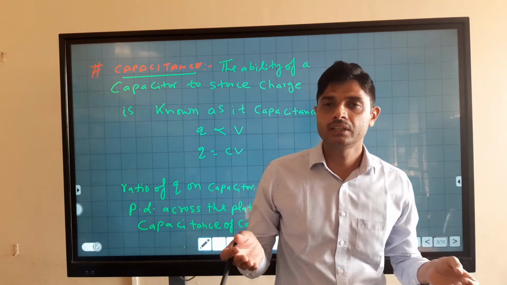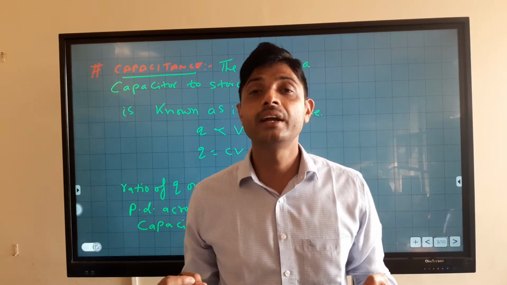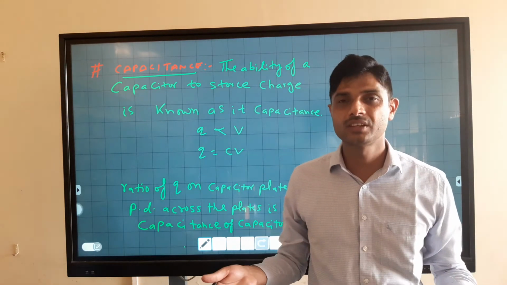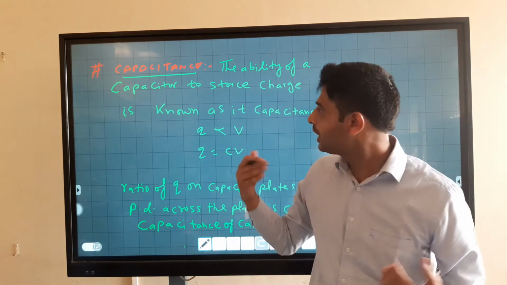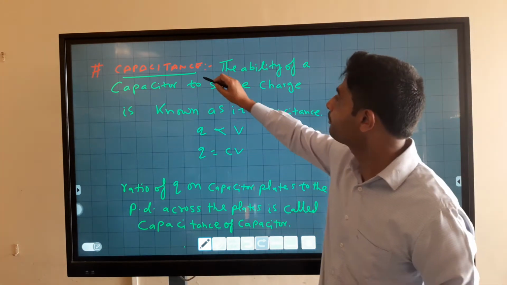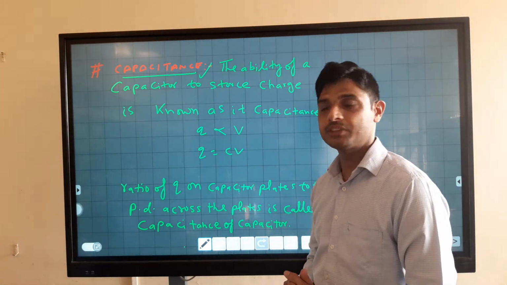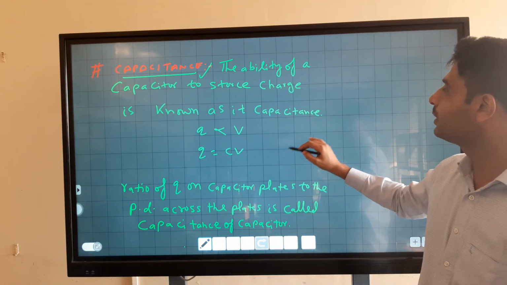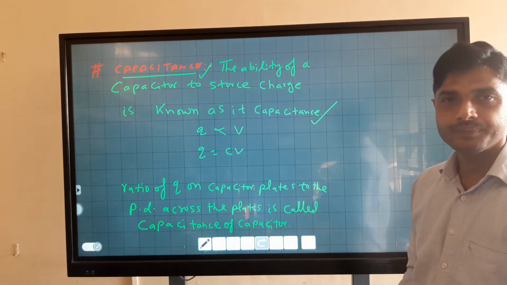Like this, I am a teacher, and teaching is my ability. I can teach. So, like this, a capacitor is a device, and capacitance is the property of the capacitor. The ability of a capacitor to store charge is known as capacitance.